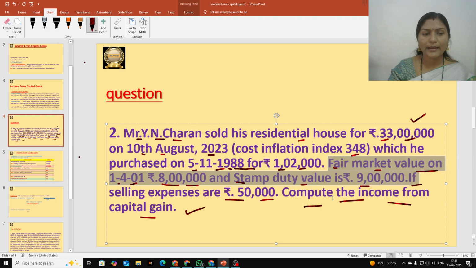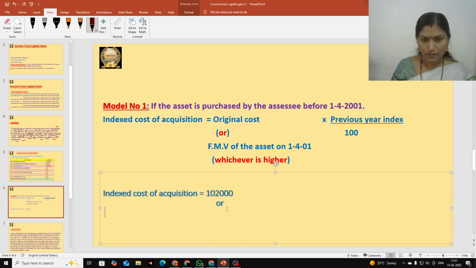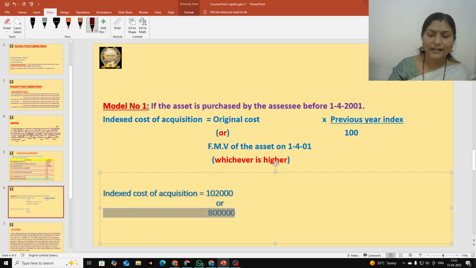Okay, 8 lakhs we are going to take. Out of these two, the highest one should be selected. Which is the highest one? 8 lakhs. So I will select 8 lakhs. 1,02,000 we are not going to take. We are going to take only 8 lakhs.